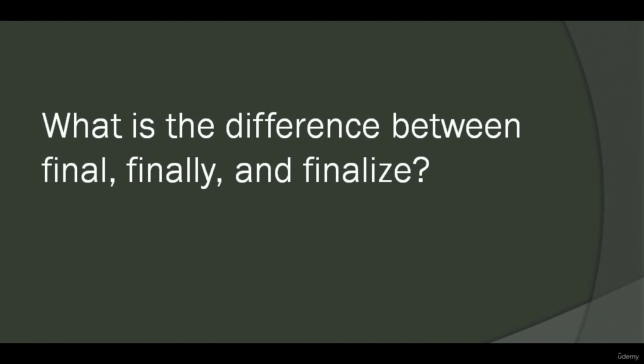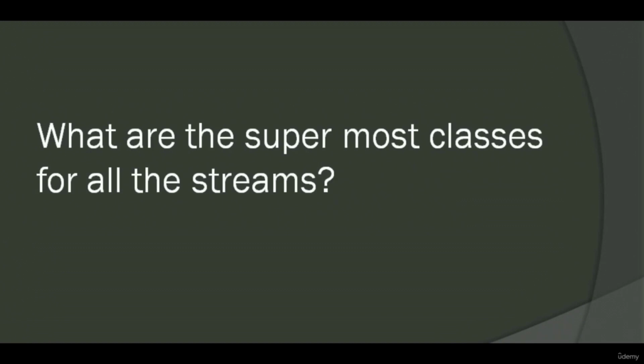Finally is a block that is used to execute important code during exception handling. Finalize is a method that is used as part of garbage collection to free up memory by deleting or destroying the unused objects. Let's see another question.